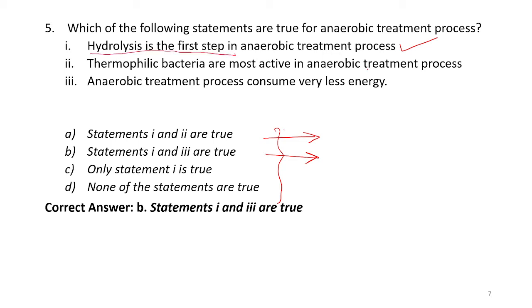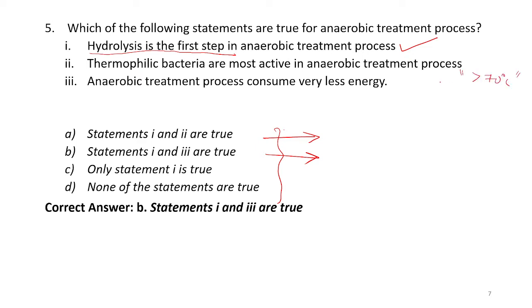Then statement 2 says thermophilic bacteria are most active in the anaerobic treatment process. In the last class, or last week's 6 lectures, you would have learned about different types of bacteria, thermophilic, mesophilic, and even in this week 7 lectures, there is a discussion about different types of bacteria present in the anaerobic processes. Thermophilic bacteria usually exist in a temperature range greater than 70 degrees Celsius or so.